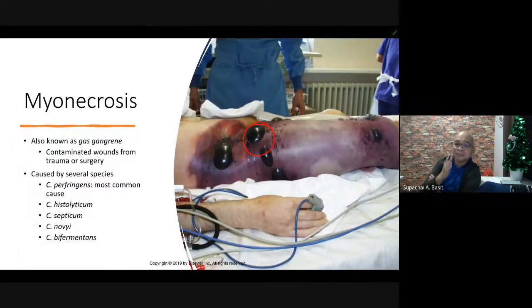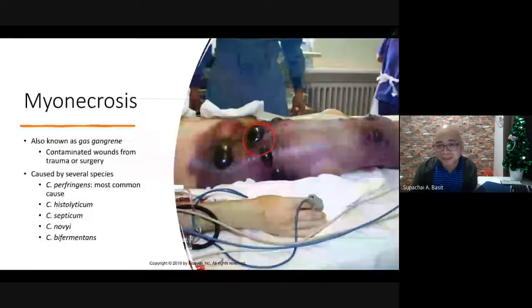There are several species that can cause myonecrosis, but the most common is Clostridium perfringens. Aside from perfringens, we have histolyticum, septicum, novyi, and bifermentans.